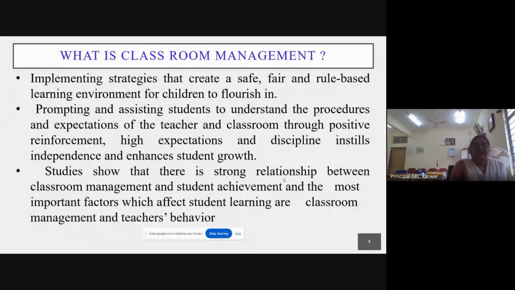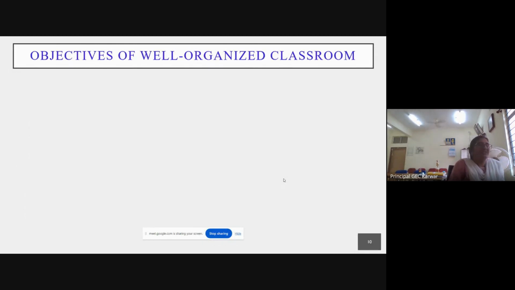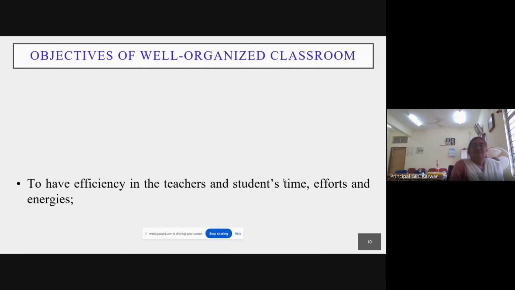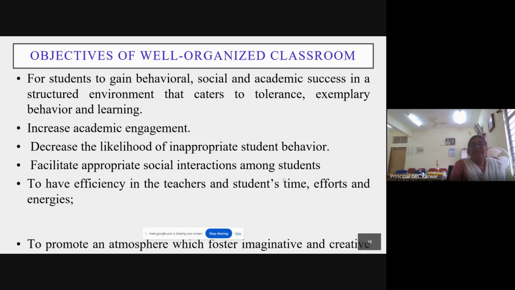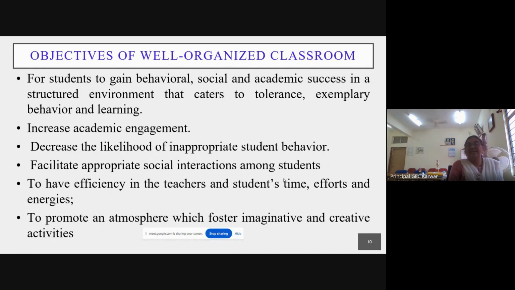Studies show that there is a strong relationship between classroom management and student achievement, and the most important factor which affects student learning is classroom management, and the teacher's behavior is also very important. So the objectives of well-organized classrooms are for students to gain behavioral, social, and academic success in a structured environment that caters to tolerance, exemplary behavior, and learning.